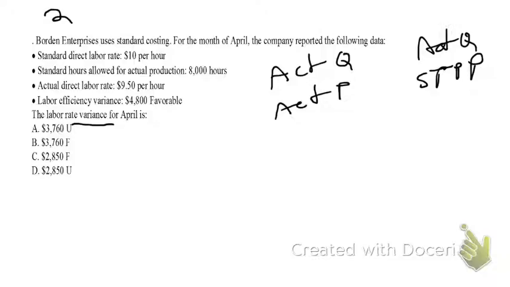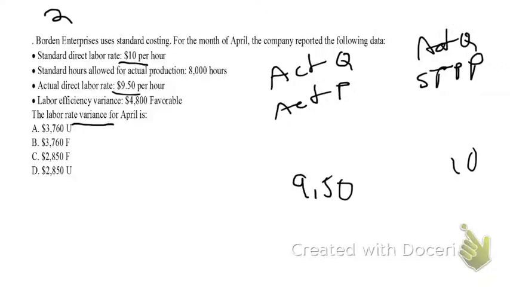Standard price was $10. I need to know the actual hours that were worked in this case. Actual rate was $9.50, so the actual price is $9.50.